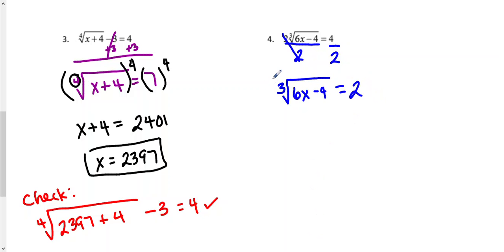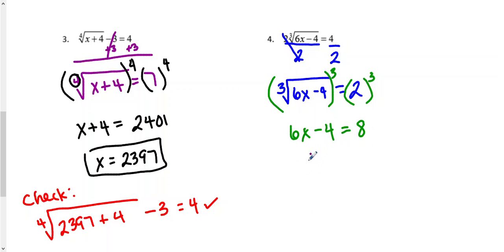To get rid of a cube root, we're going to raise it to the third power. So I'm left with 6x minus 4 equals 2 to the third power, which is 8.